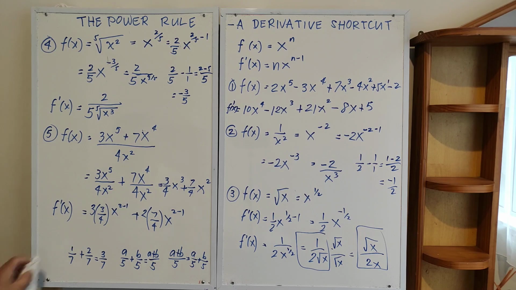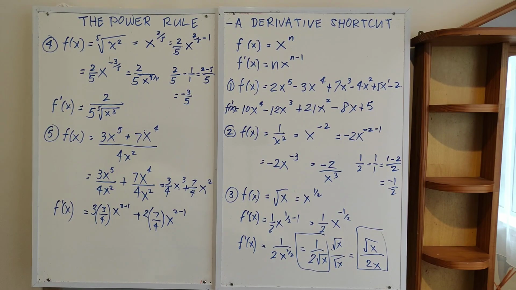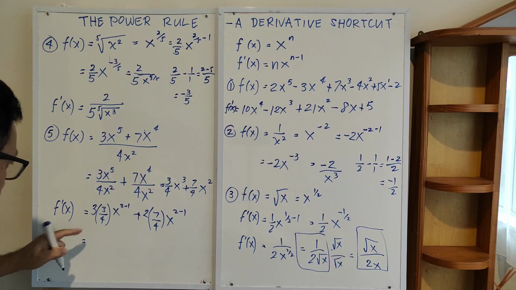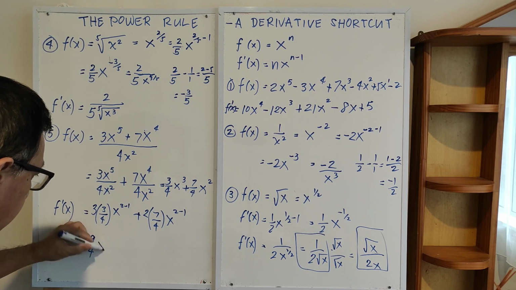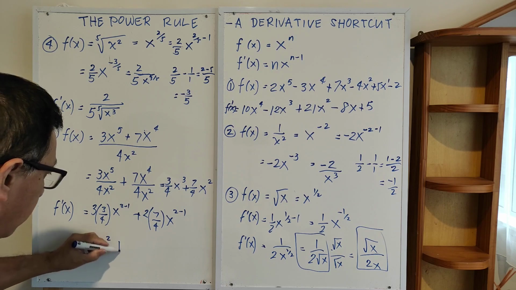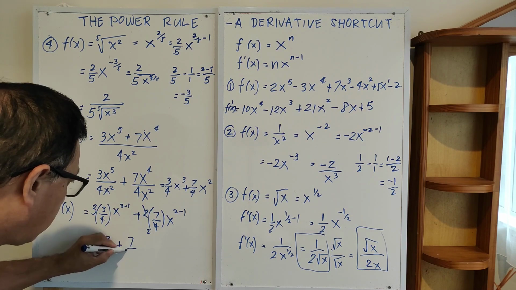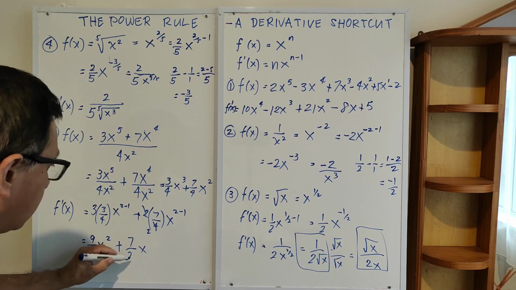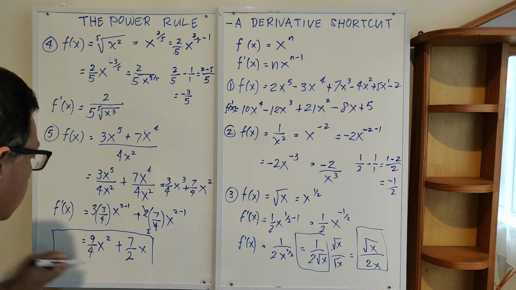Let me erase this one. So what we have now is 9 over 4 x squared plus, this one will cancel out, this becomes 2, 7 over 2 x. So this is your derivative.